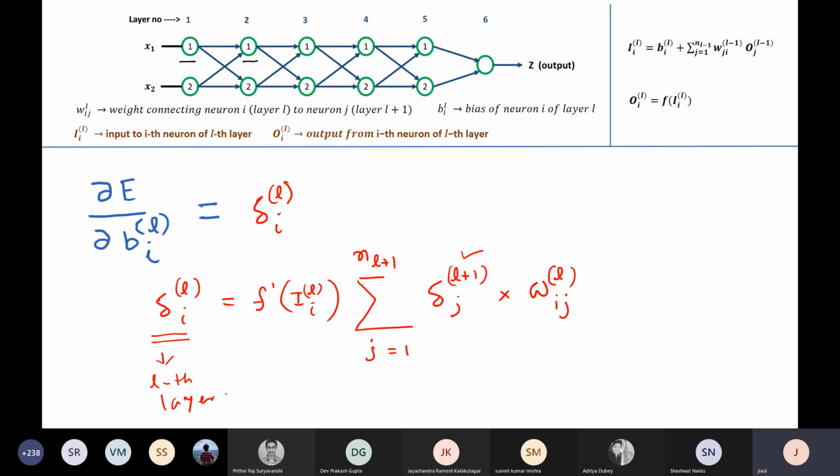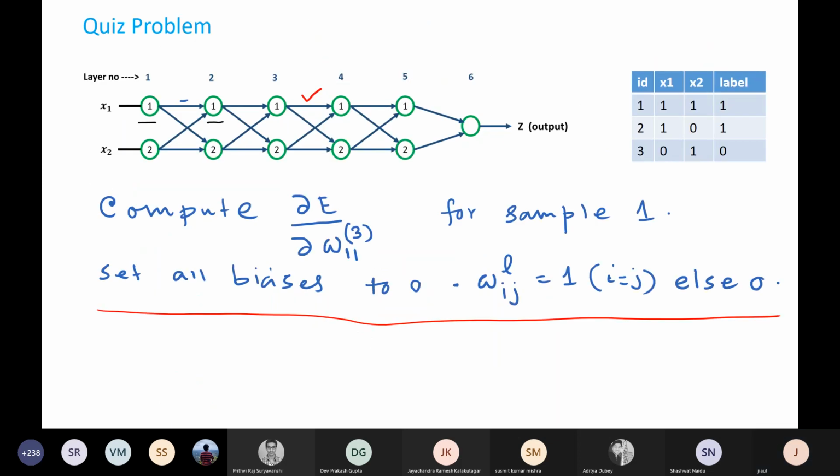And if I compute delta L plus 1, then I need the values from delta L plus 2, and so on and so forth. So during computation, we start from the backward direction. First we do the 6th layer, then the 5th layer, then the 4th layer. And only then can you compute del E, del W311.